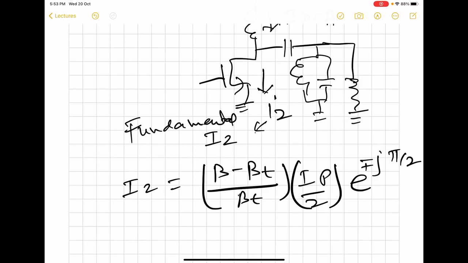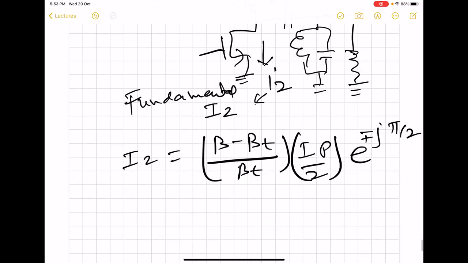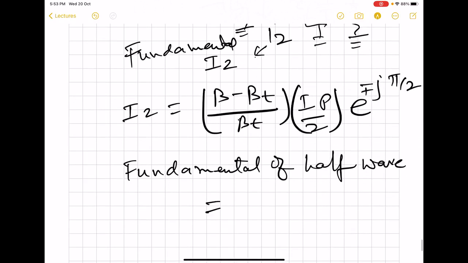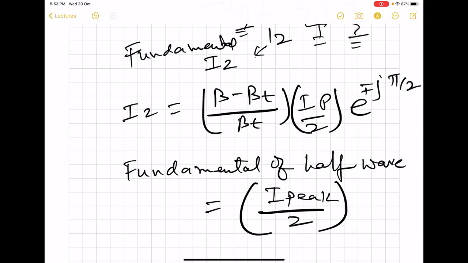So this is the fundamental, and keep in mind that fundamental of half wave is equal to the peak divided by 2. So this is the fundamental.